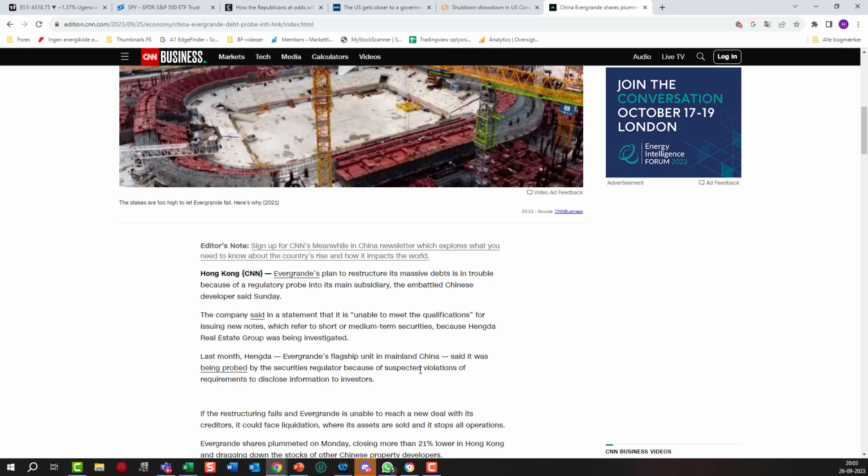The problems here are several, actually. Of course, there is the problem that the Chinese civilians do not have many places to put their money as investments. So basically every single Chinese person with a bit of liquidity has been putting their money into properties, because that has been the certain way of getting a good return.